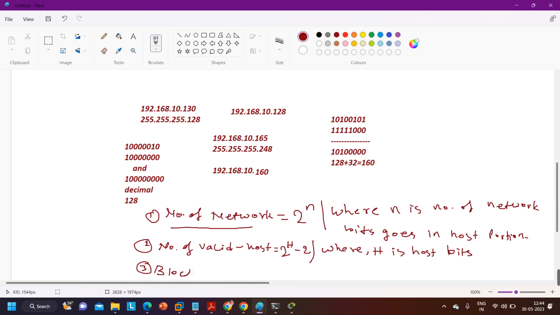This one is a very important formula. Block size is equal to 256 minus the subnet mask of the last octet.